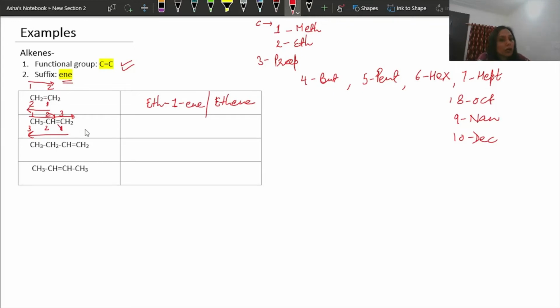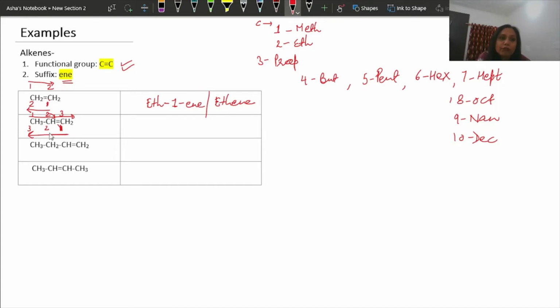So what IUPAC says is that we will have to choose the longest possible carbon chain. This is the longest possible carbon chain. The second point says that the double bond or the functional group should have the minimum possible numerical value. So we are going to take the backward counting from back to front, because in back to front counting the double bond is coming with the first carbon, and we are not going to do the numbering from front to back, because there the double bond is coming with the second carbon.